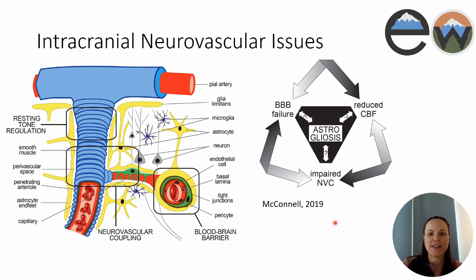Okay, and then this is where we can see the self-perpetuating cycle. So astrogliosis is just riled up astrocytes, right? And what we end up with, and this is all where everything can feed into each other, so it doesn't really matter who started all of it. Like we have to work on this, right? But we can have that blood-brain barrier failure that is going to impair the neurovascular coupling, right?